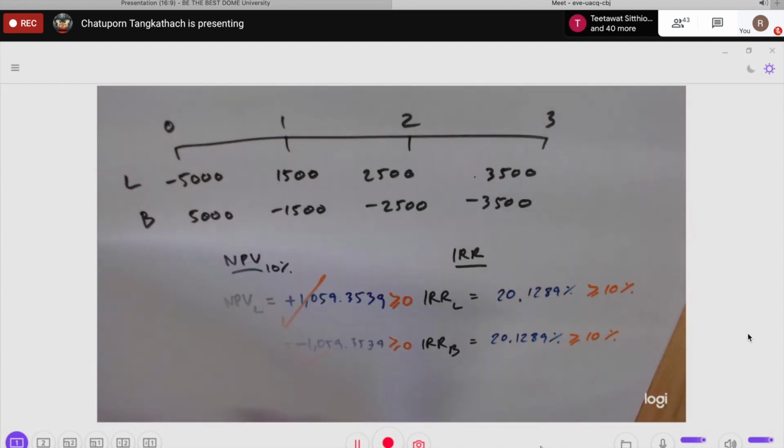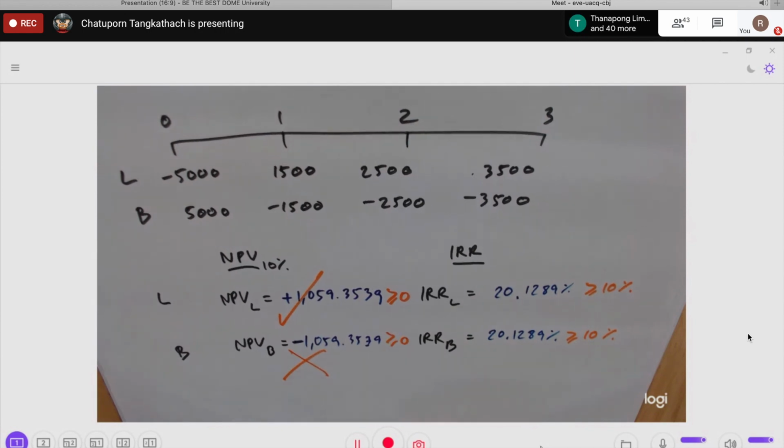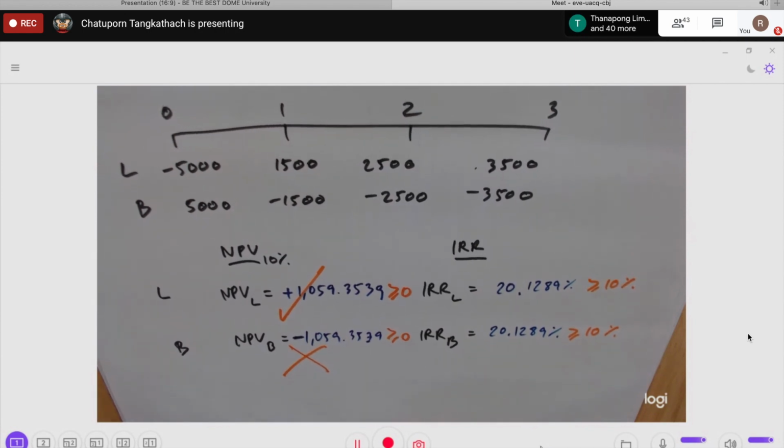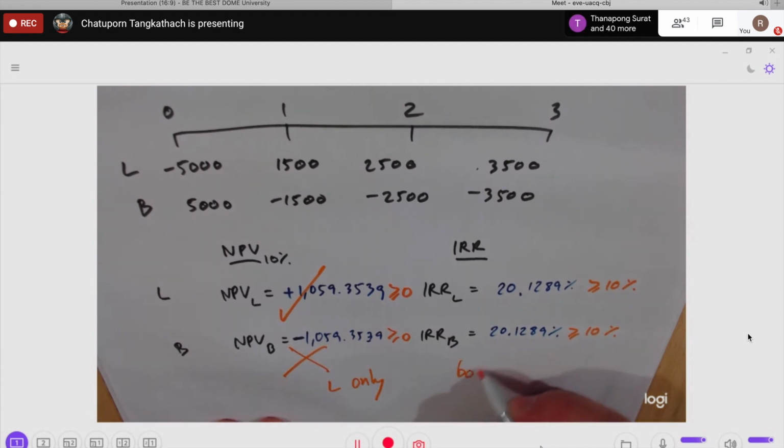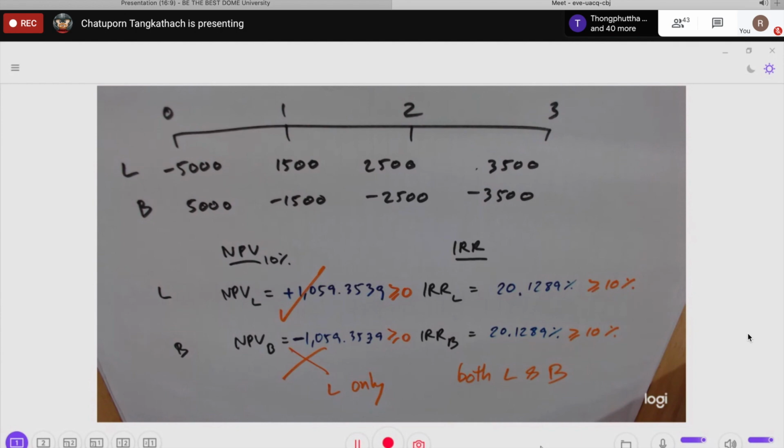Somehow, you can see the difference in the answer for these two investment criteria, right? NPV says project L only, but IRR says that we should accept both projects. Now, remember, for all the investment criteria that we talk about, the best investment criterion is NPV.